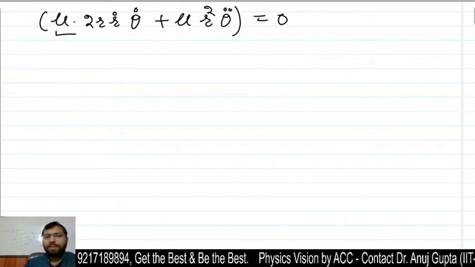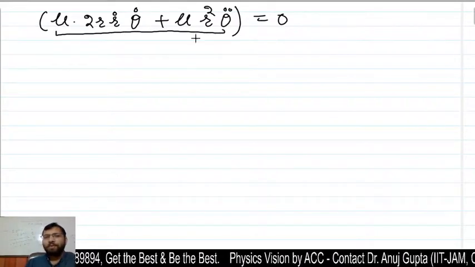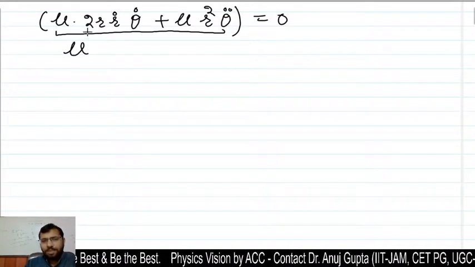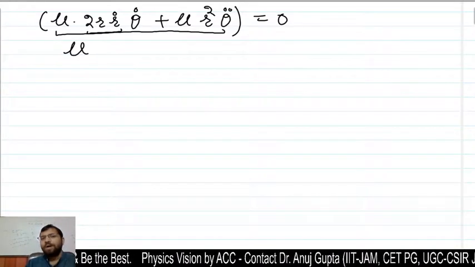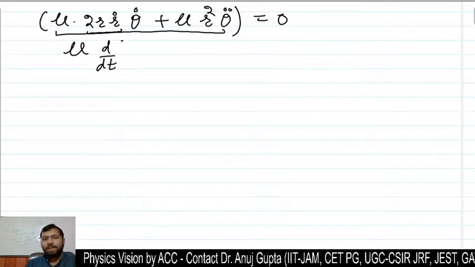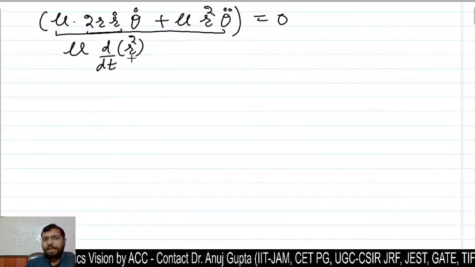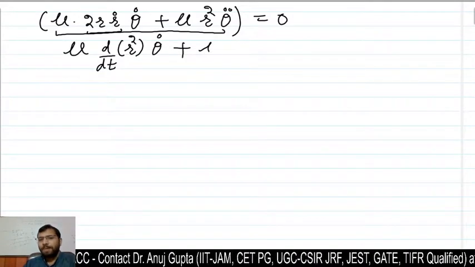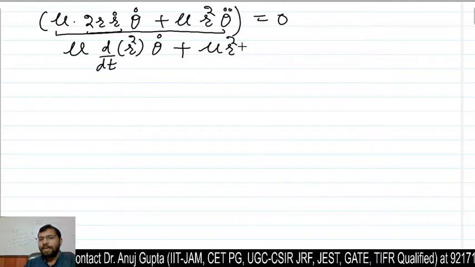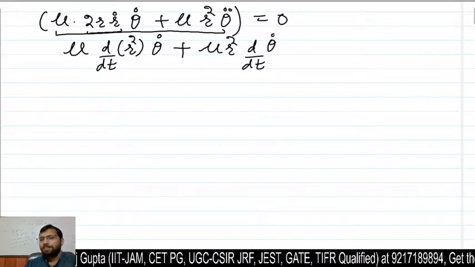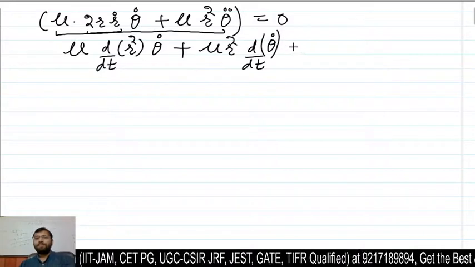But by seeing this expression carefully, what can we write? We can write this mu into this term is derivative of r square, derivative with respect to t of r square, keeping theta dot same, plus keeping mu r square same, this term is derivative of theta dot. Theta double dot is derivative of theta dot.